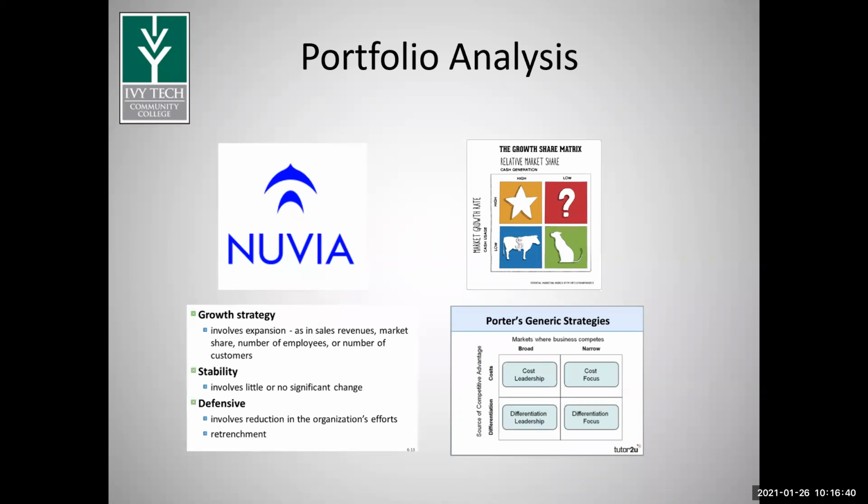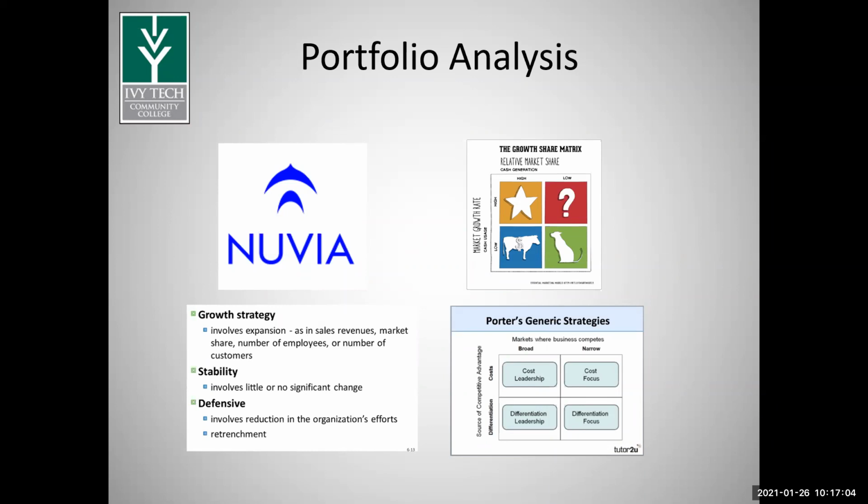Now, Nuvia has a specialty chip that is aimed at high performance servers. When we've talked about technology, where do those high performance servers go now? Data processing centers. Yeah, big centers and cloud computing providers. Cloud computing, a growth market? Yes.